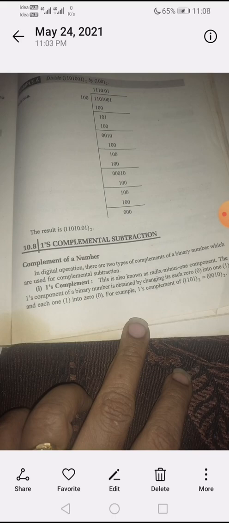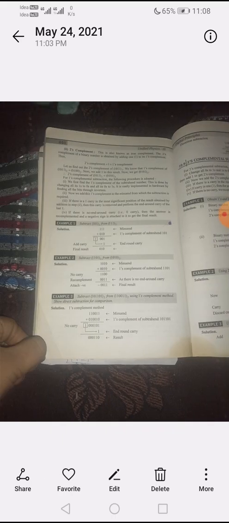What you will get is 0010 to the base 2. This is about one's complement.